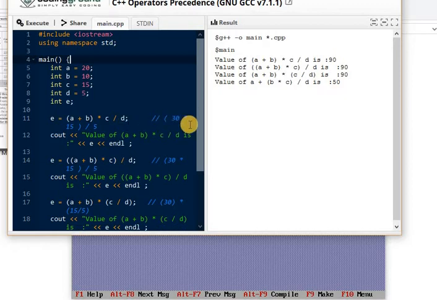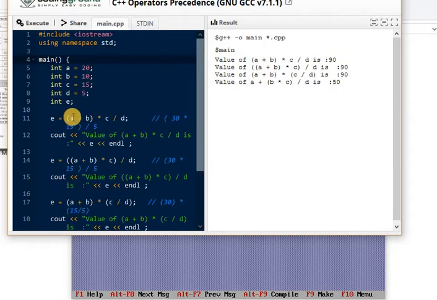So what is 30 into 15 divided by 5? How? First we will solve the bracket because it has the higher precedence. So a plus b is 20 plus 10, which is 30. Now into c is 15 and then divided by d is 5.